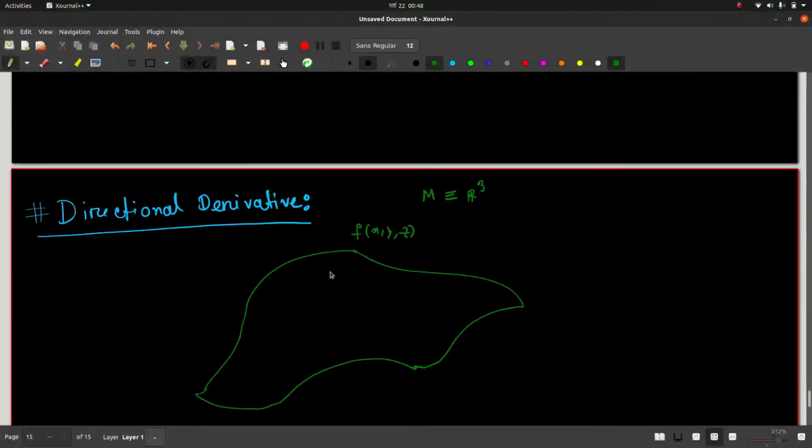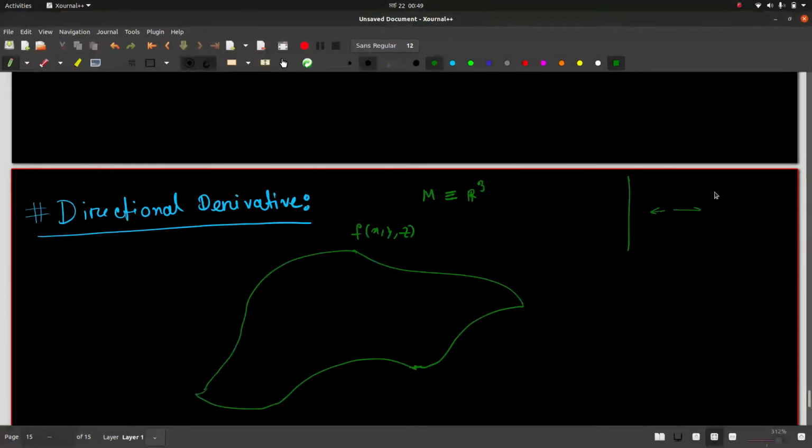In real variable calculus we had only 2 ways to go: left or right on the x-axis. But here on the manifold there are 3 degrees of freedom. I can move in x, in y or z, or in between x, y, z. So there are more degrees of freedom.